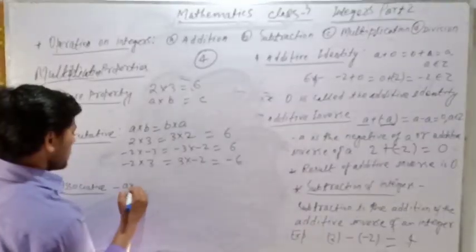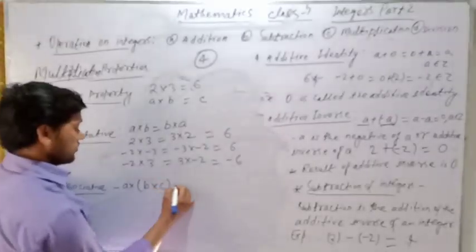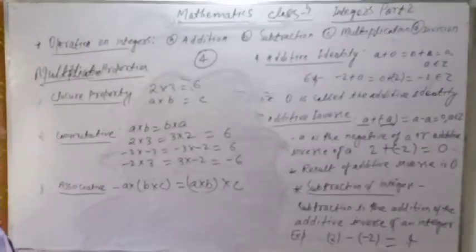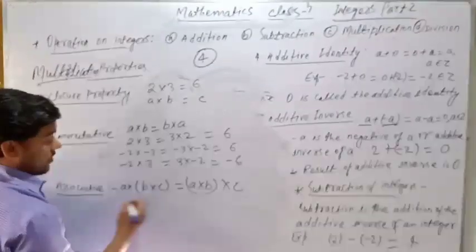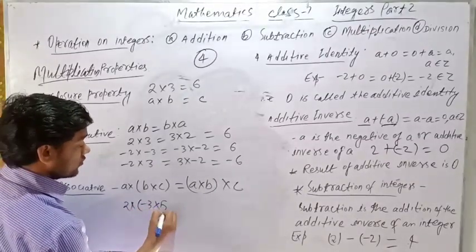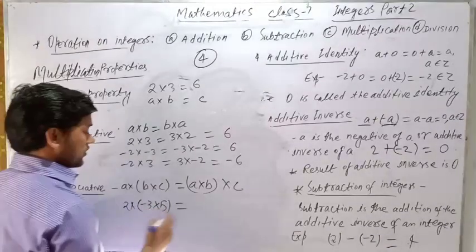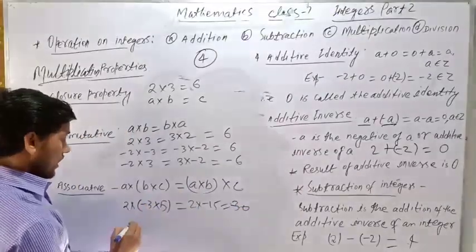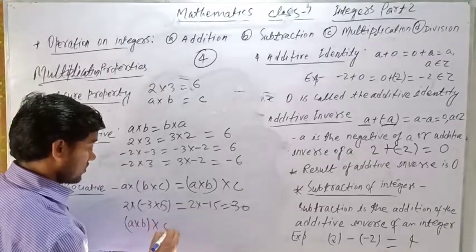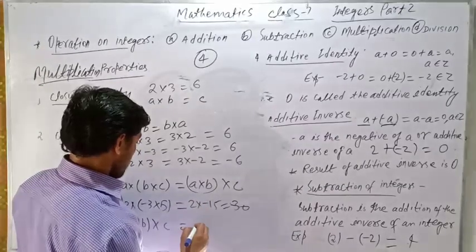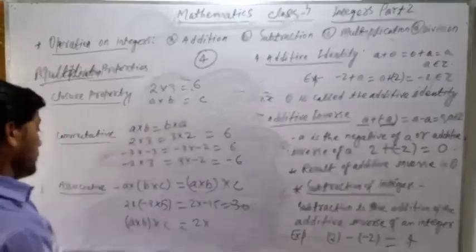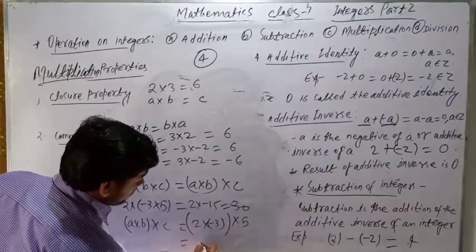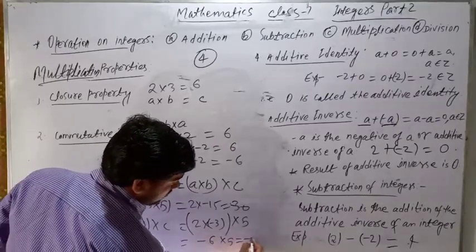Associative property: a cross (b cross c) is equal to (a cross b) cross c, where a, b, c are integers. For example, take 2 into minus 3 into 5. On the LHS: minus 3 into 5 is minus 15, and 2 into minus 15 is minus 30. Now the RHS: (a cross b) cross c, that is 2 into minus 3 is minus 6, into 5 is equal to minus 30.